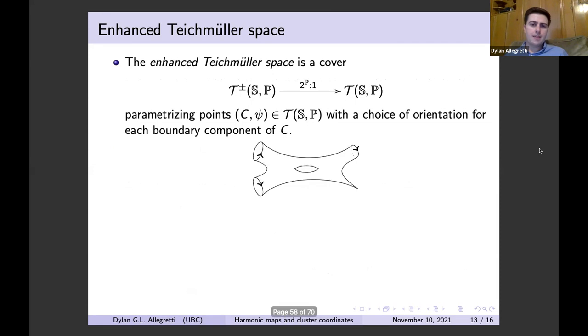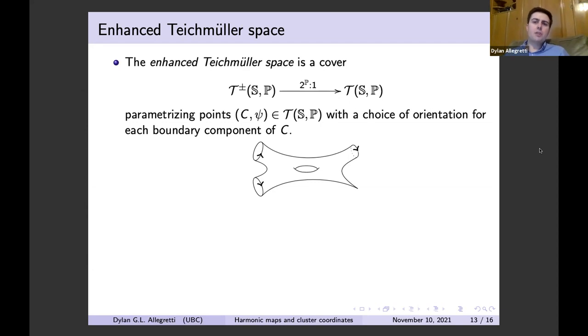So to illustrate, I can draw a picture like this. So this is the same hyperbolic surface that I drew before, but now I've added an orientation for each of its boundary components. So just a little arrow pointing one direction or the other around the boundary component. So that's what a point in the enhanced Teichmüller space looks like.